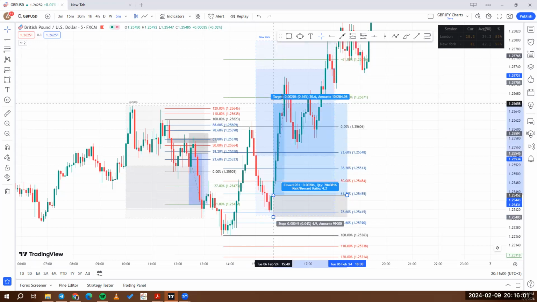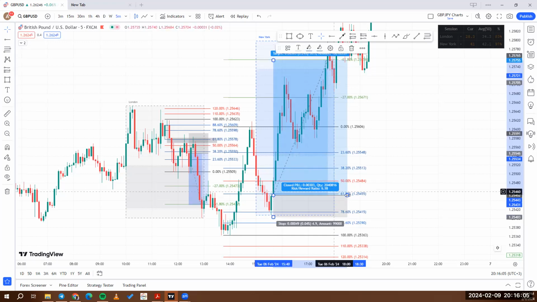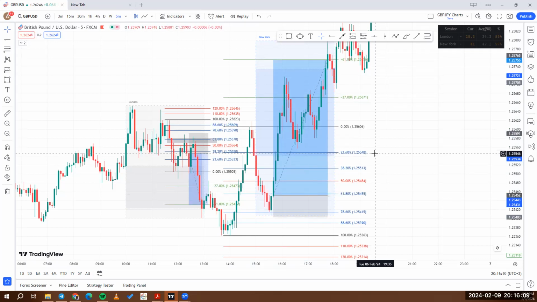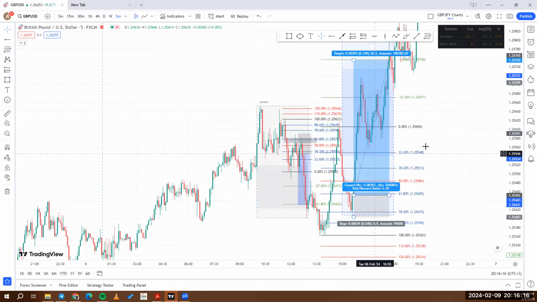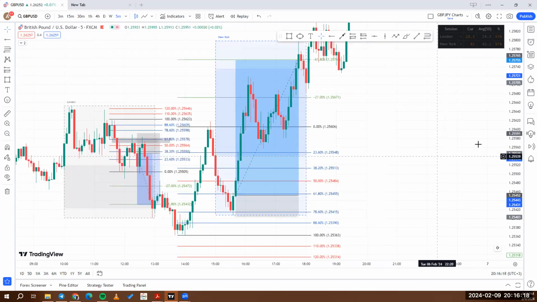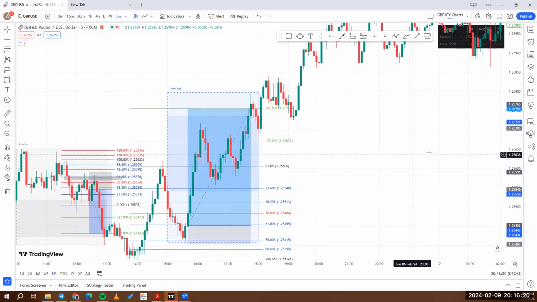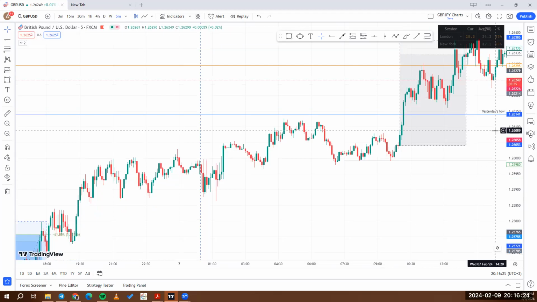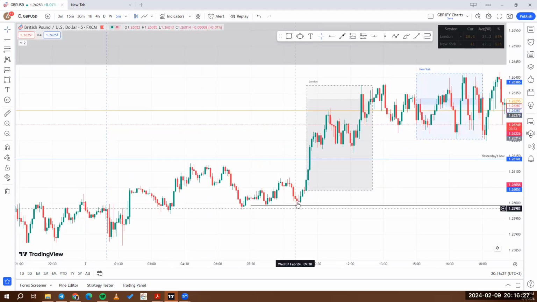And the overall target was up here. So this was one of the big trades that we missed for 6R. Okay, for 6R. So already looking at Monday and Tuesday alone, that was way more than 10R.